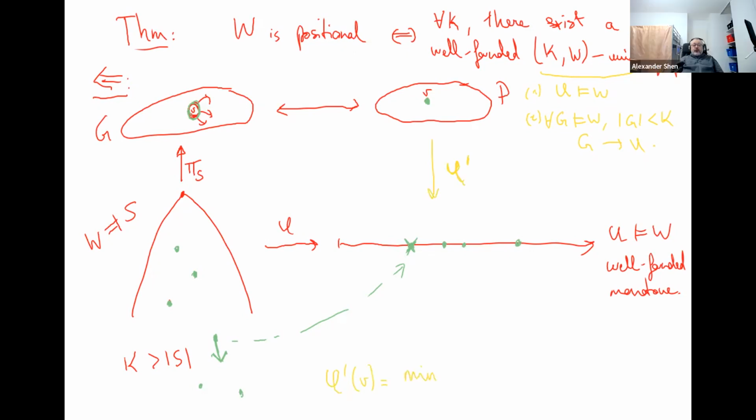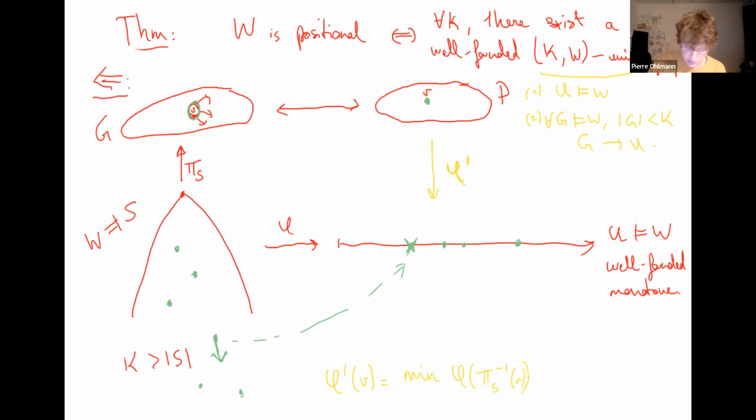No, but for other vertices, we cannot restrict. There should be all edges, no? Yeah, but I'm just defining now a map from the vertices of the game to U, yeah? So it's the min of phi of pi S minus 1 of v, right?